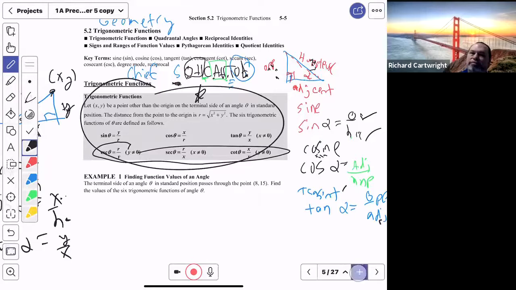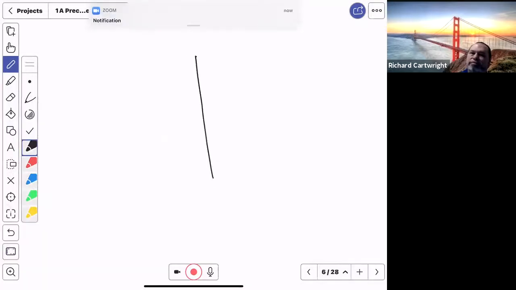So I'm just going to make up any triangle in any quadrant. I'll go over here and drop my reference angle to be there.